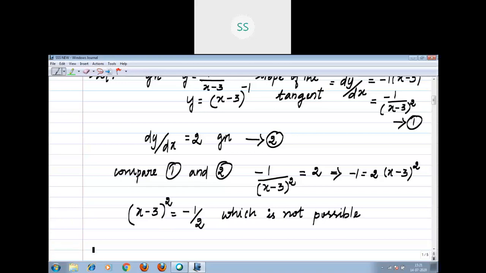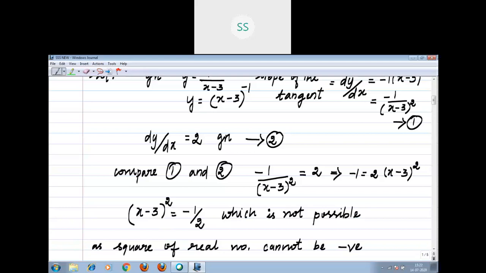As the square of a real number cannot be negative. So what is your conclusion here? You cannot find the tangent.